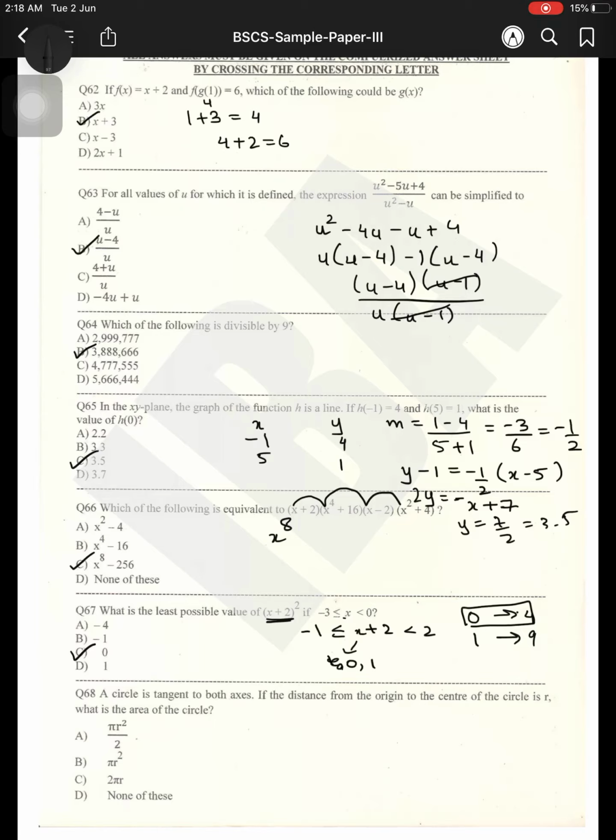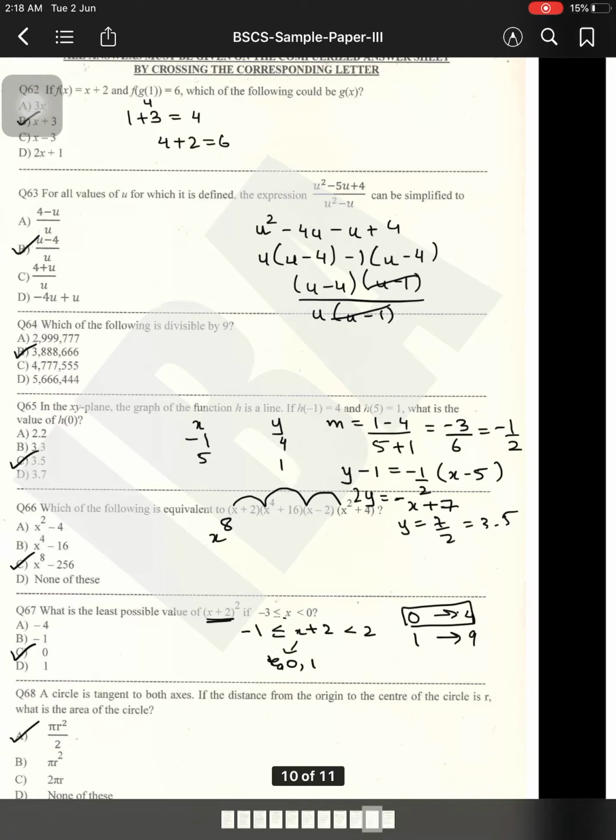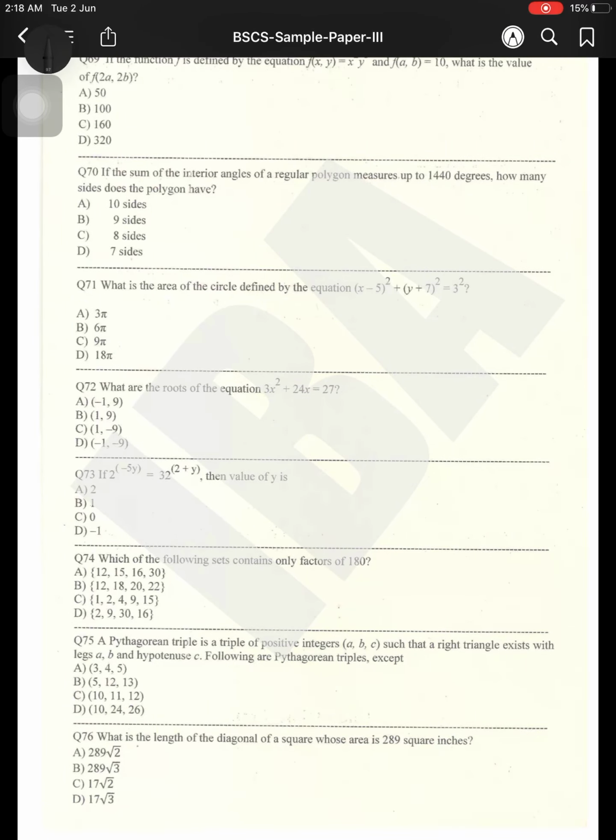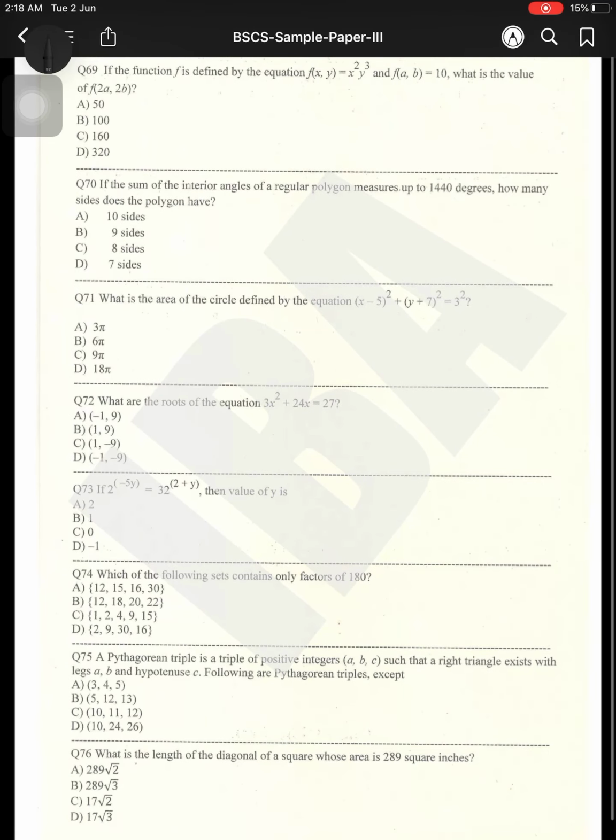In this next question, I'm not even gonna solve this. It's very easy. You can do it all by yourself as well. It's gonna be A. Next question. And this next question, we're gonna substitute A and B. So A square B cube is equals to 10, and then this is ratio.